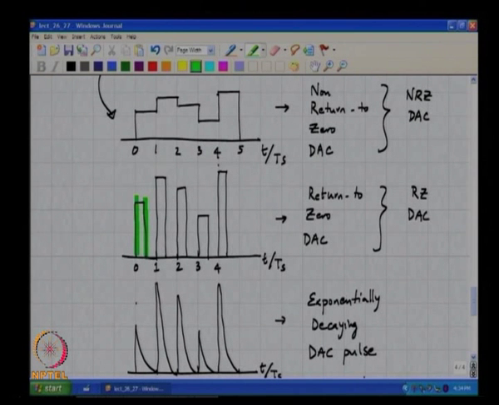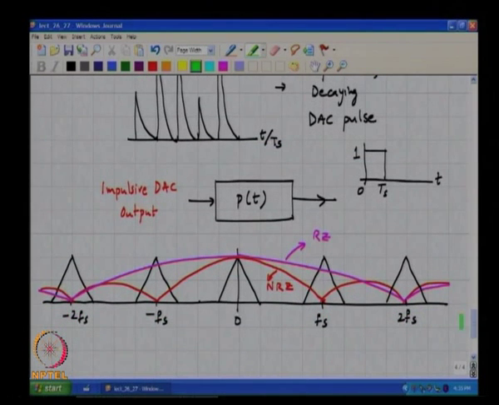So, even if the input to the DAC was DC, the output will be a bunch of rectangular pulses. So, there will be high frequency energy, whereas if you had an NRZ DAC and the input was purely DC, the output would be free of high frequency energy, because there is a null at multiples of Fs.